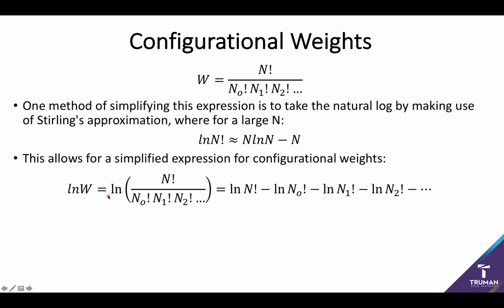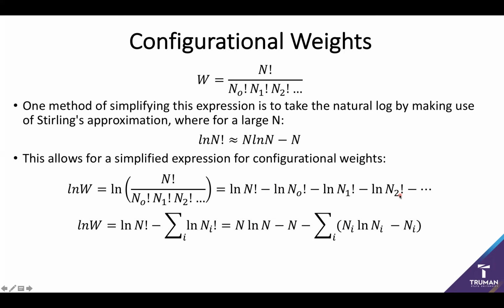First of which is I can split it up instead of being a ratio into essentially a sum, where it's the natural log of the total number of particles factorial, minus essentially a sum of the factorial of the number of molecules in each of the given states that I'm working with.